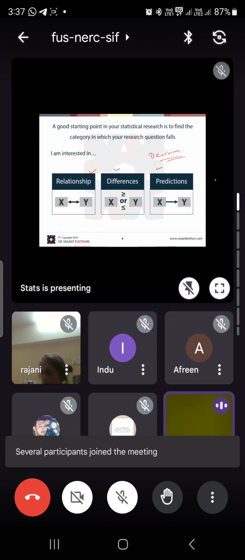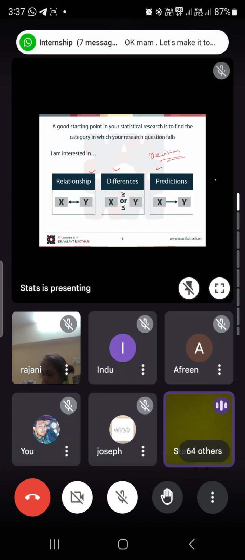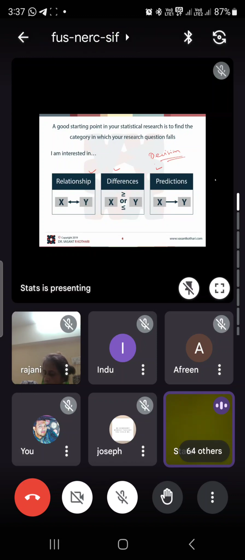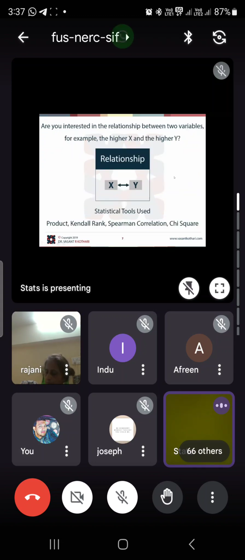Either we need to find out the relationship, or the differences, or the prediction. Whatever you do in your MA psychology, whatever numerical or statistic you do, you will be trying to find either the relationship, differences, or prediction. We will be taking decisions for these three only. Now, let's see one by one.